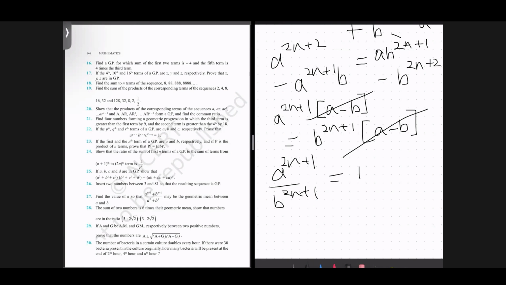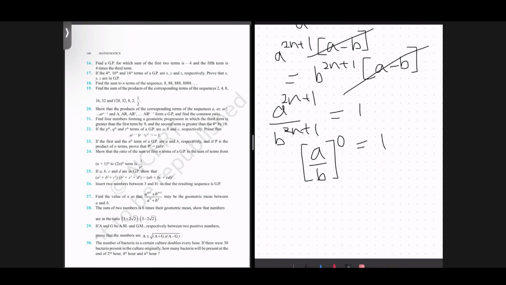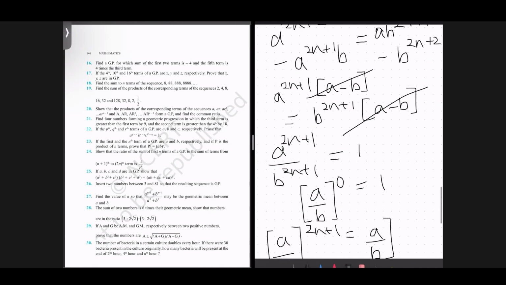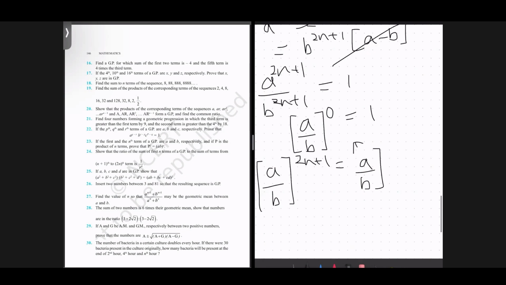I've done nothing but take b raised to the power 2n plus 1 into the denominator on the LHS. And when it equals 1, we can say that (a/b) raised to the power 0 equals 1, right? So can we say that (a/b) raised to the power 2n plus 1 equals (a/b) raised to the power 0 equals 1? Because anything raised to the power 0 is going to be 1.